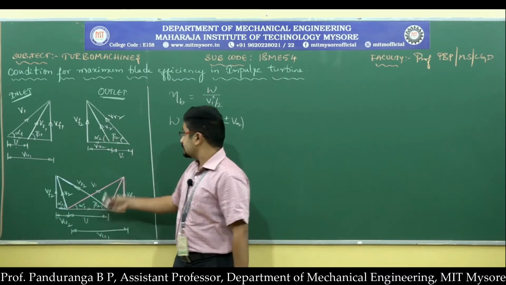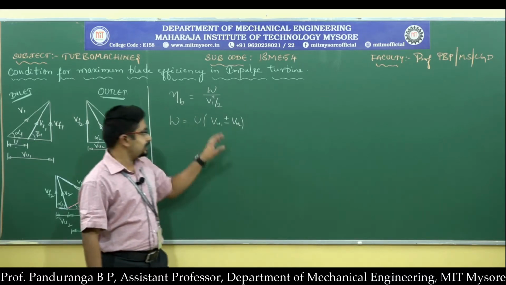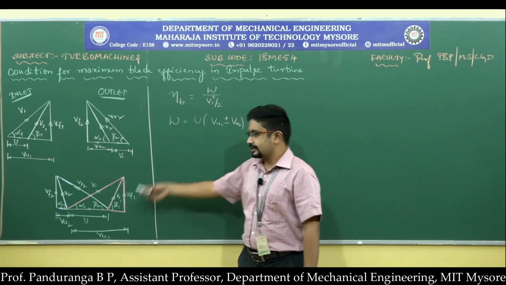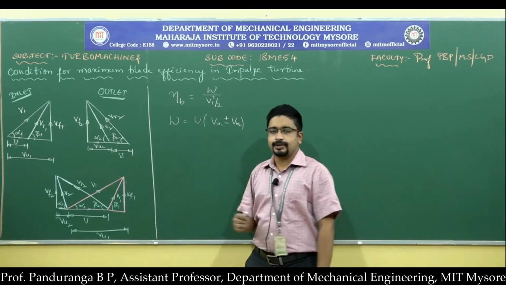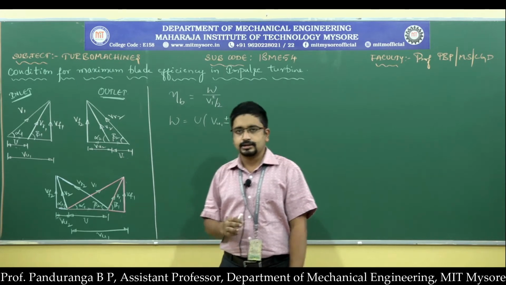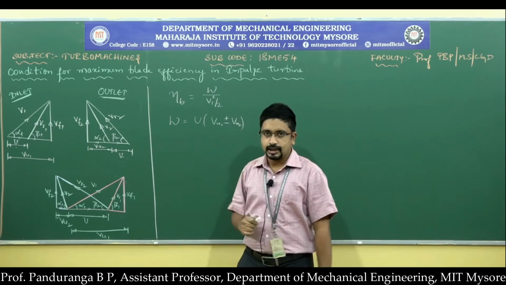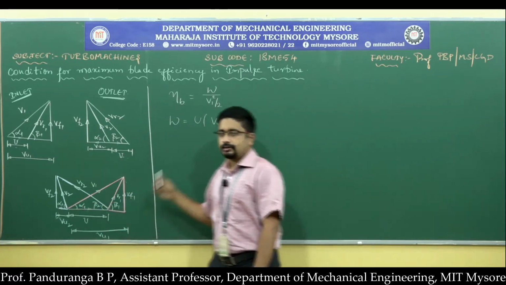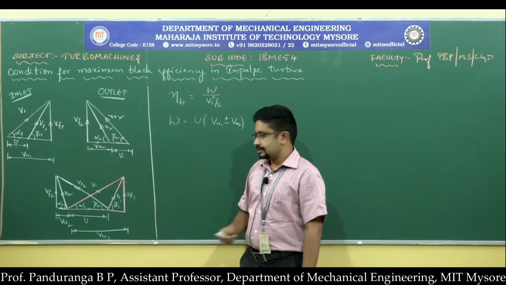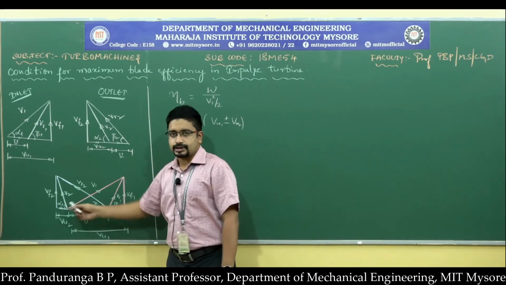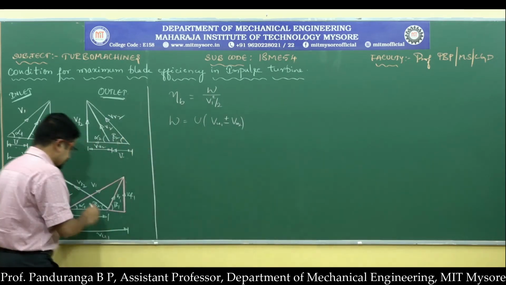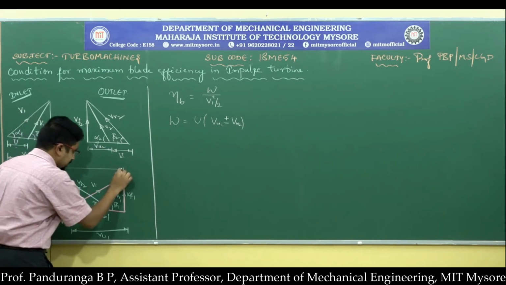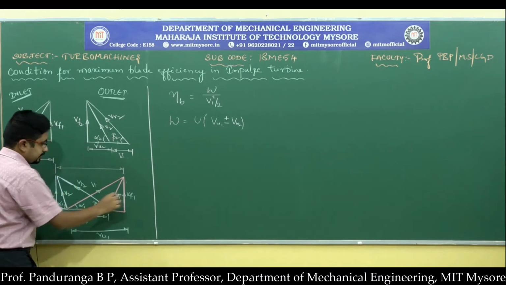Now let us apply this. The plus or minus depends on the direction of VU1 and VU2. We are dealing with vectors, so if they both are in the same direction, then we have to use minus. Since here VU1 and VU2 are in opposite directions, delta VU in this case will be the horizontal distance between the two flow velocities VF1 and VF2.